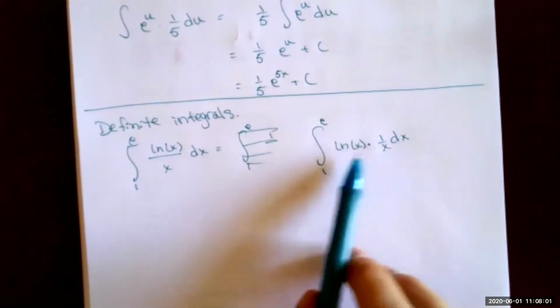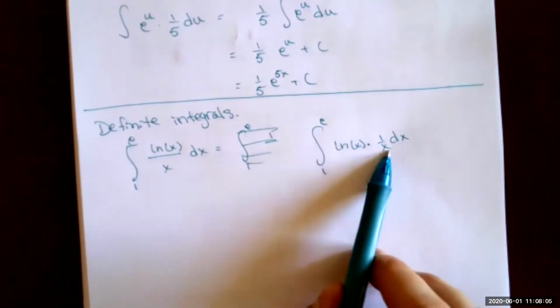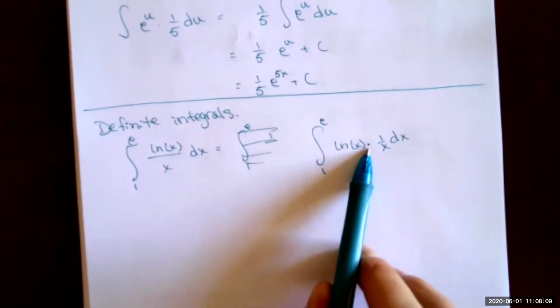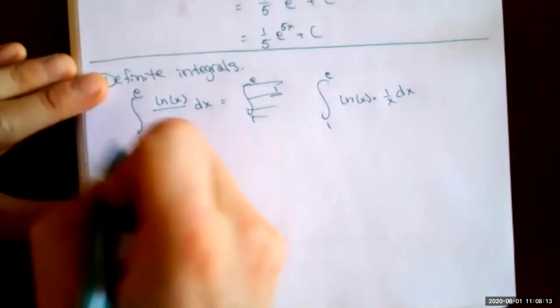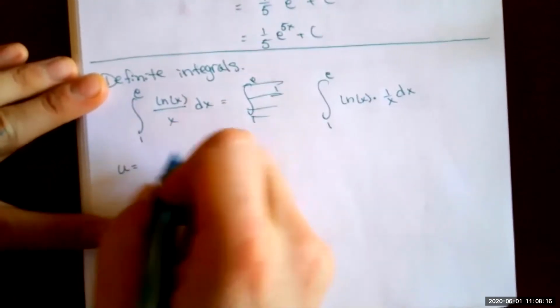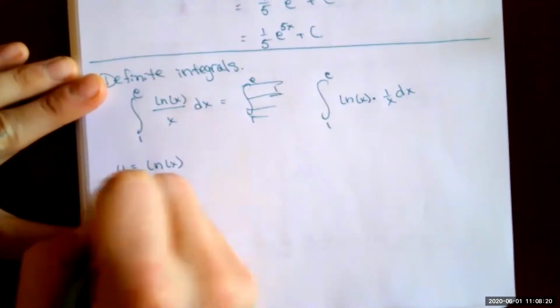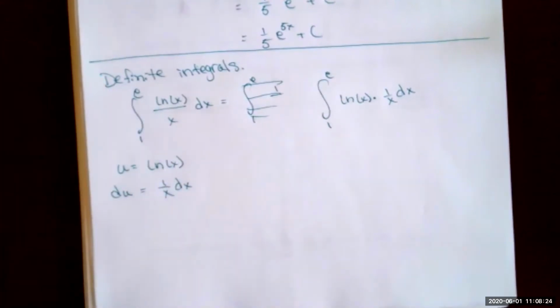So the way we want to deal with this is, well, since the derivative of natural log of x is 1 over x, I just want to make this guy my u. So we're going to have u equal to natural log of x. Du is then 1 over x dx.